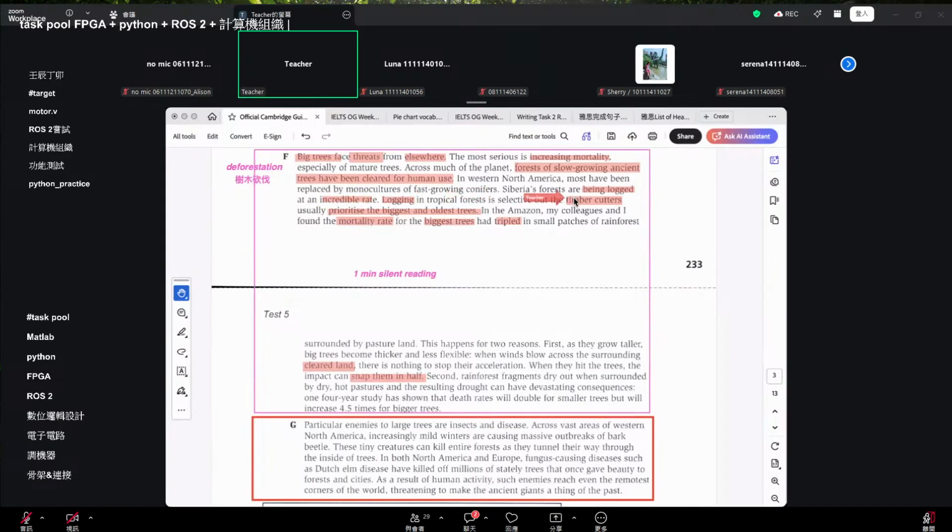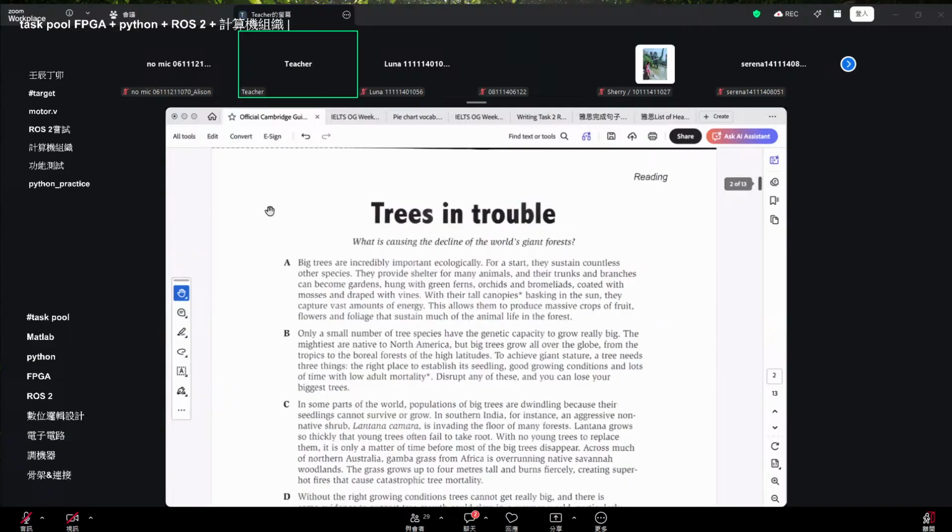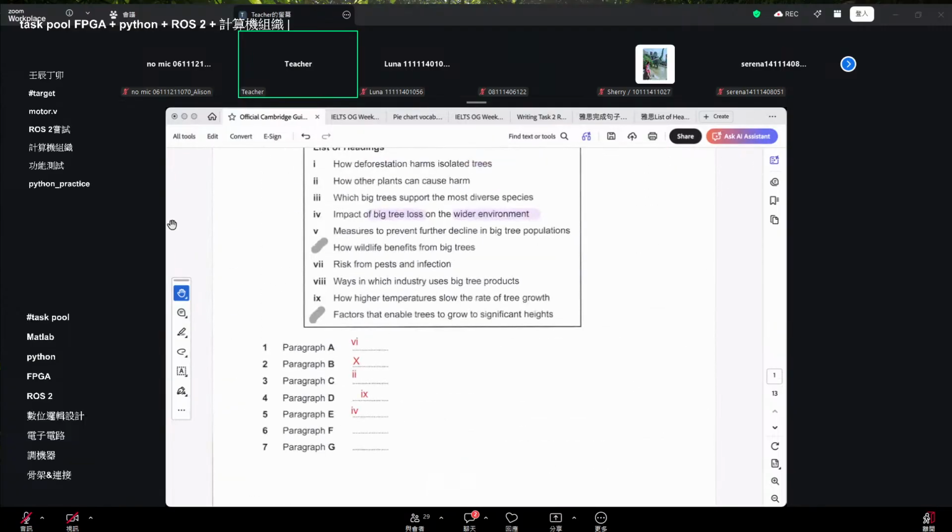Logging again, timber cutters prioritize big and tall trees, mortality rate, bigger trees, clear the land. Again and again, they are saying and sharing the same concept. So we then can eventually get back to where we left not so long ago if we were to mention about the ideas. So we're just going to type the answer straight away for paragraph F. The answer is number 1.